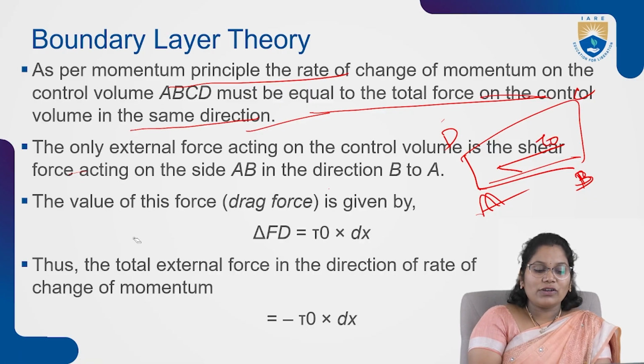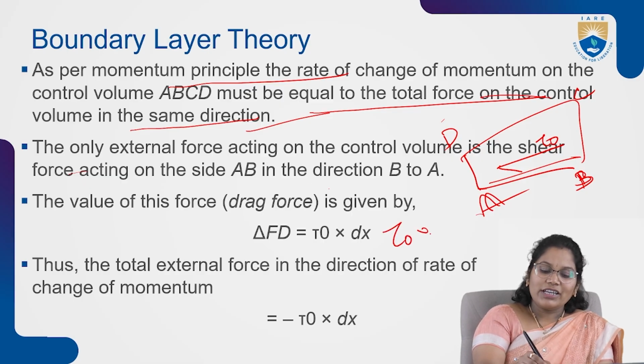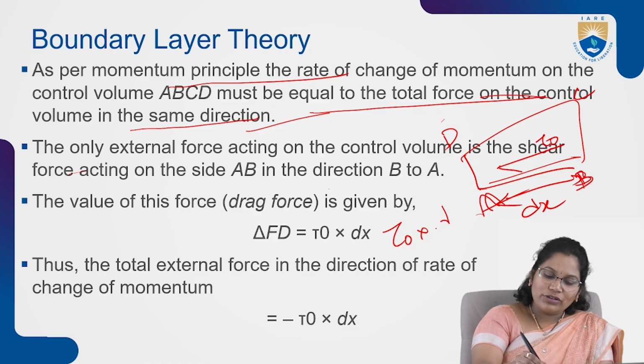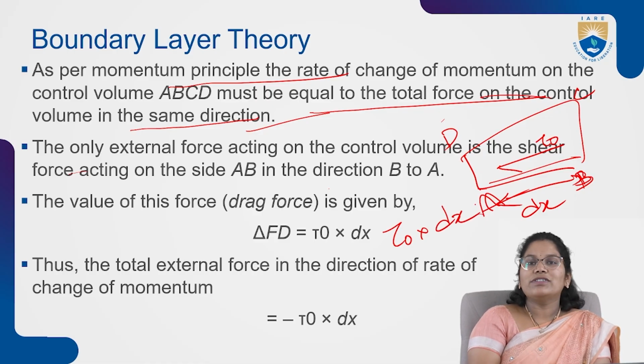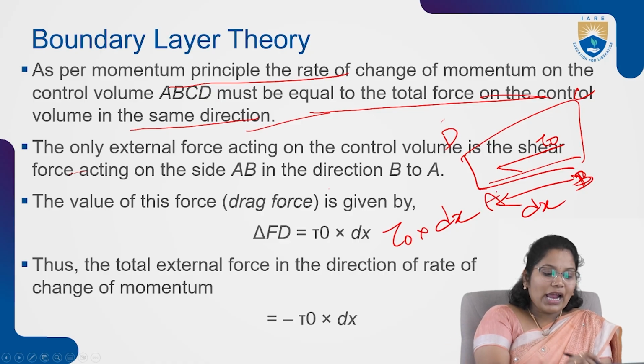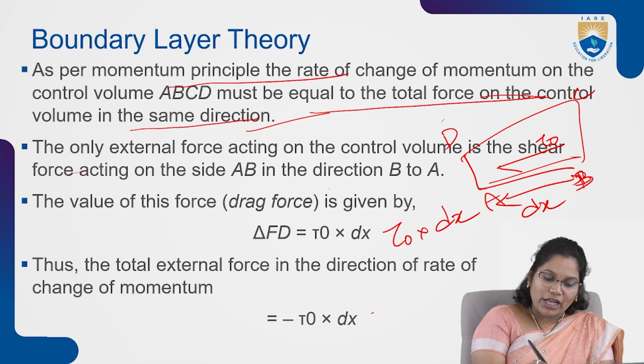The value of this force is given by the drag force, which is shear stress into the distance, that is dx. The drag force is shear stress into dx. And the total external force in the direction of rate of change of momentum is tau naught into dx.